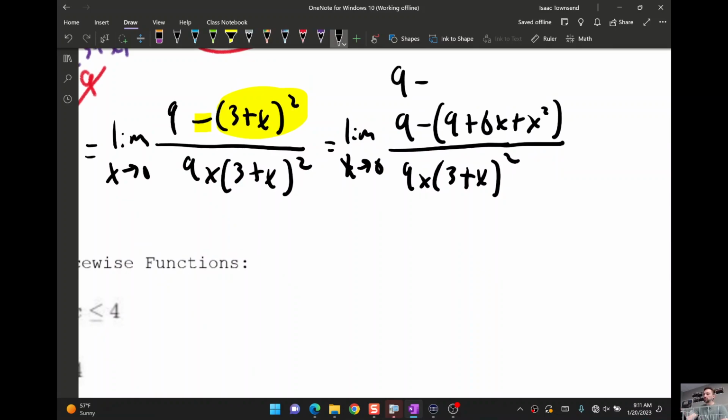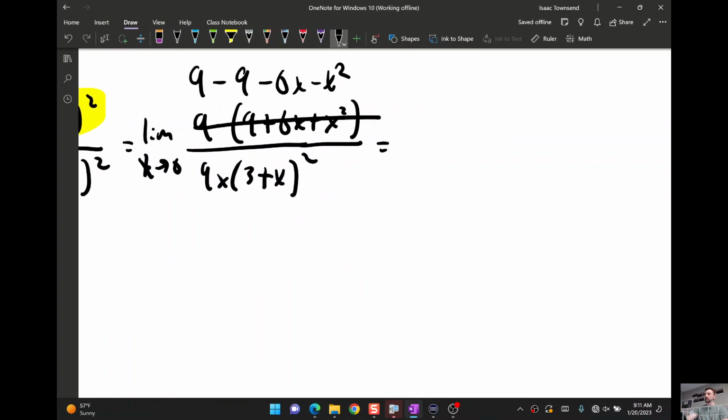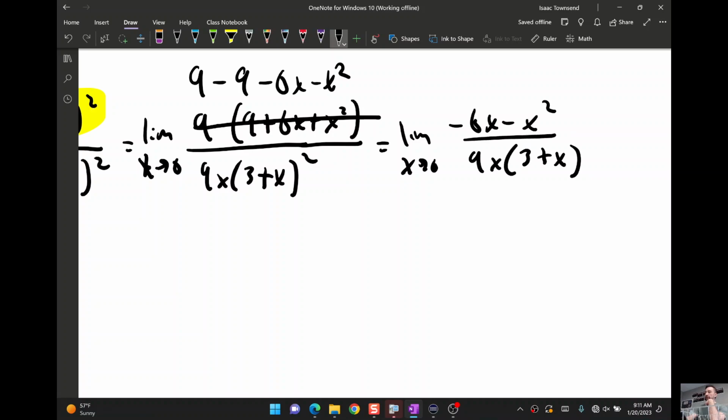Then I went ahead and distributed this minus, and then finally I said 9 minus 9 would just cancel out. So I was kind of working in the dark there for a moment, but then I got to this, and then I started to feel like I was on the right track again.